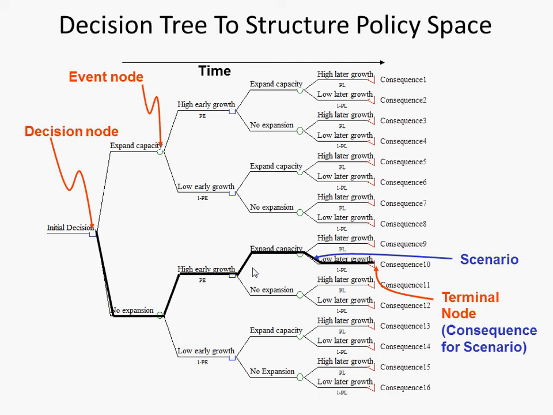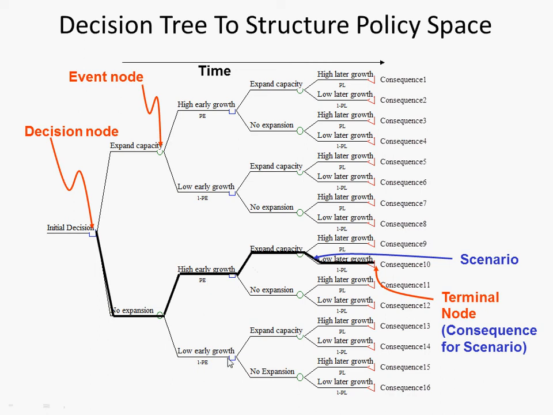So here we have another choice, and notice that it's the same choice, top to bottom, for this later point. Do we expand capacity or not? And what we do here is generally going to be contingent upon what's occurred earlier.